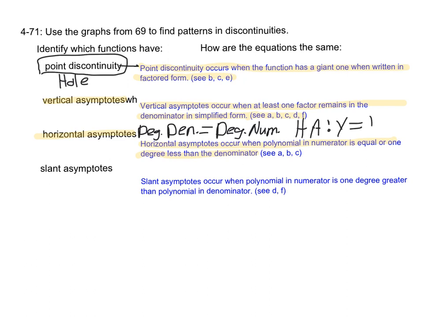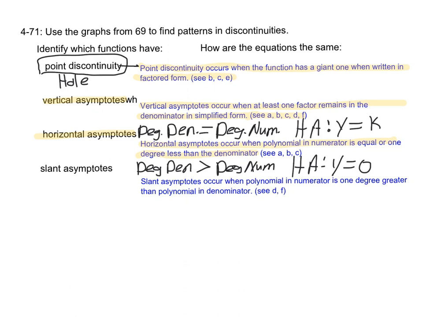So y will equal some constant k. If the degree of the denominator is greater than the degree of the numerator, then that horizontal asymptote will always be 0.